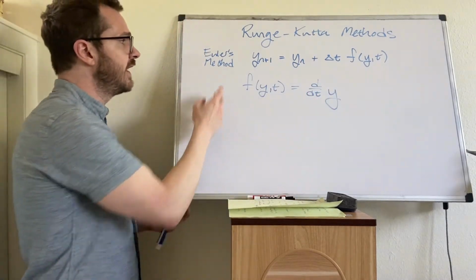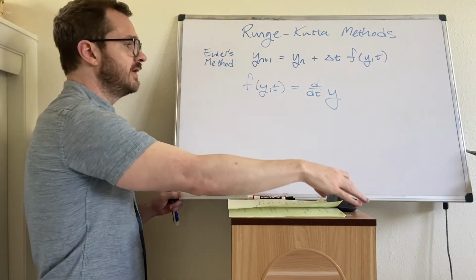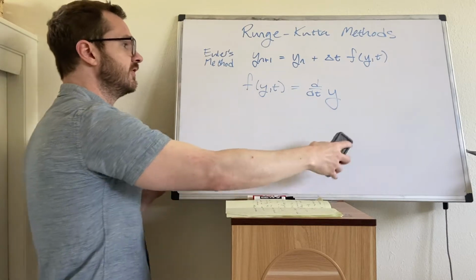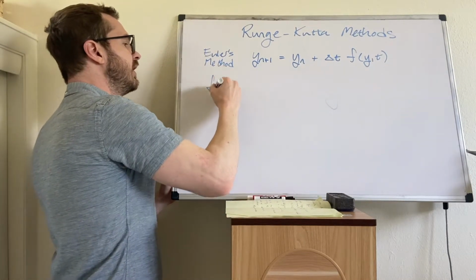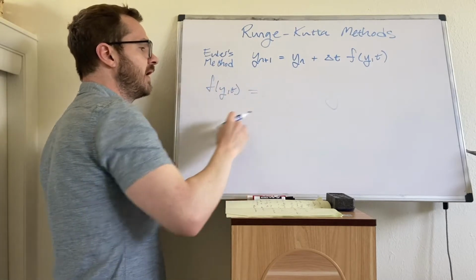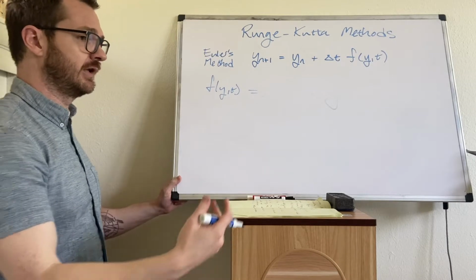What we're talking about today, Runge-Kutta methods, we're going to make f of y and t not simply the solution to the differential equation. These methods will define the function as a weighted average of a series of calculations.